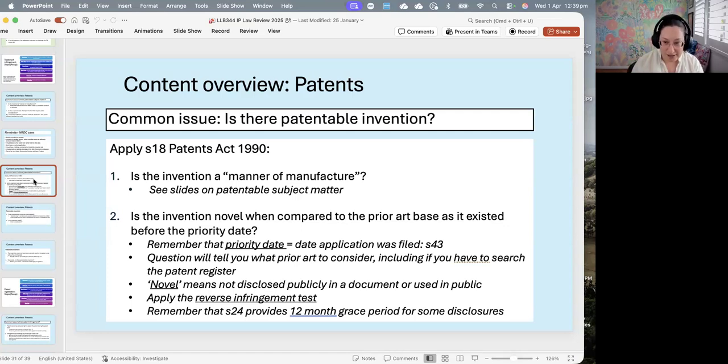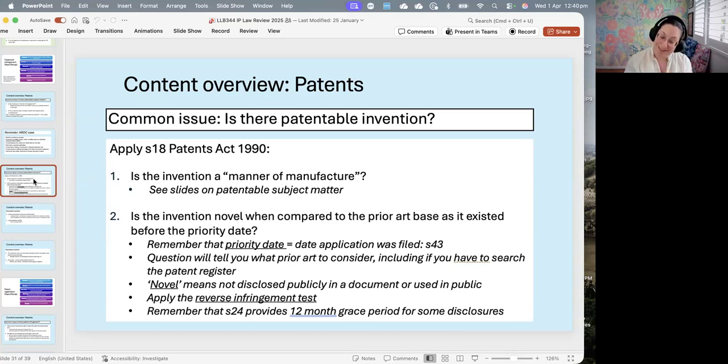We can ascertain that by applying what is known as the reverse infringement test. Basically, if the applicant had a patent over their invention, would this research article be infringing that patent? Would it be doing something that is within the patent owner's exclusive rights to exploit their invention, which includes making the invention, commercializing the invention, all of that sort of stuff?